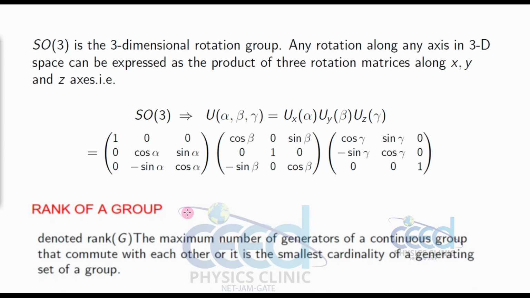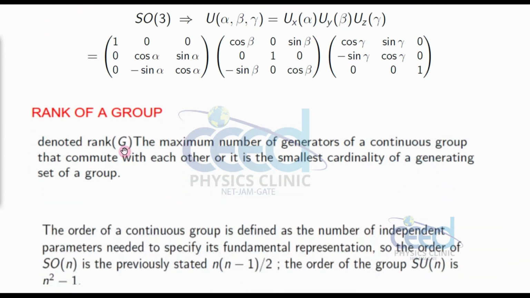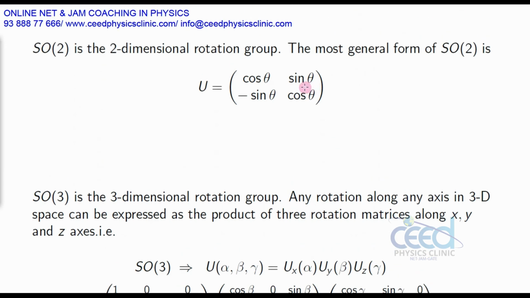Now what is the rank of a group? Usually the rank of a group is the maximum number of generators of a continuous group that commute with each other, or the smallest cardinality of the generating set of a group. So if you look at this group, what is the number of independent generators?